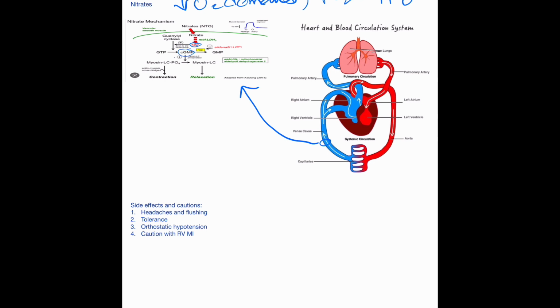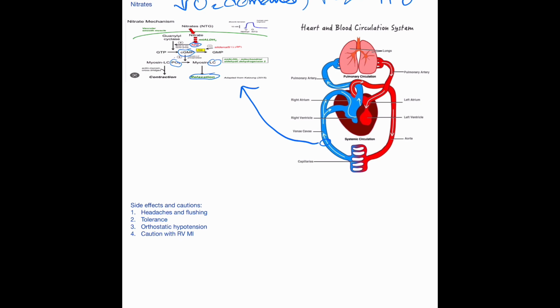The cyclic GMP then acts through myosin phosphatase, removing the phosphate from the myosin light chains, causing relaxation. So simply, if we ignore all of this, the nitric oxide causes relaxation of the venous smooth muscle.